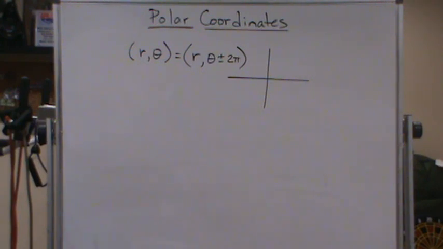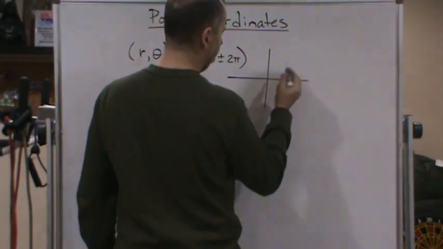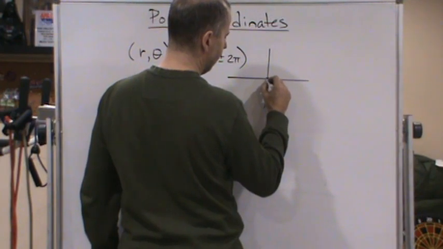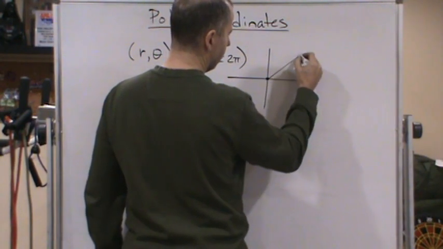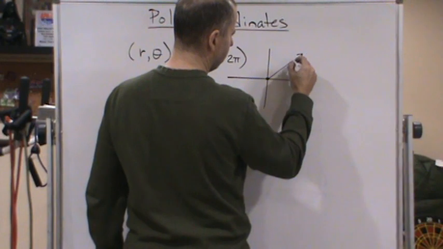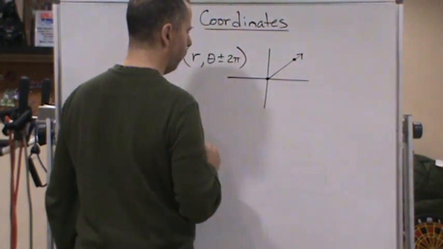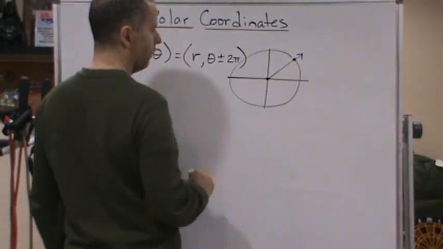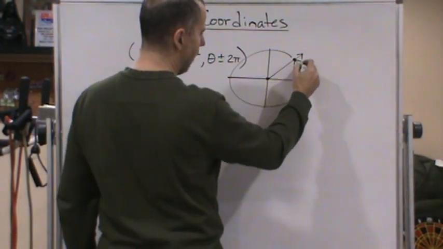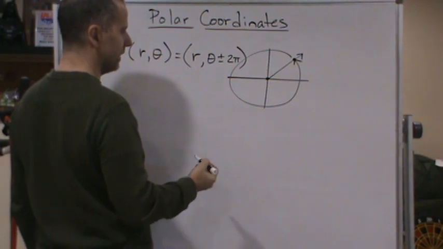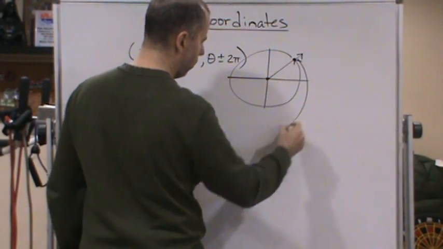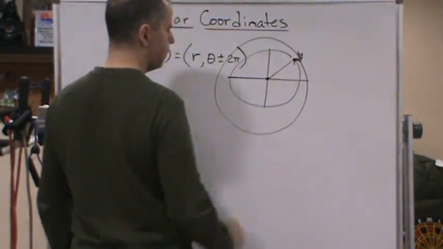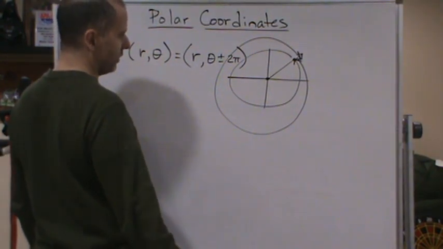Also, we can play around with the directed distance. So let's do this. If I start here, I had that point. Obviously if I go this way 2 pi, one revolution, I get the same point. Or if I go clockwise 2 pi, I go to the same point.